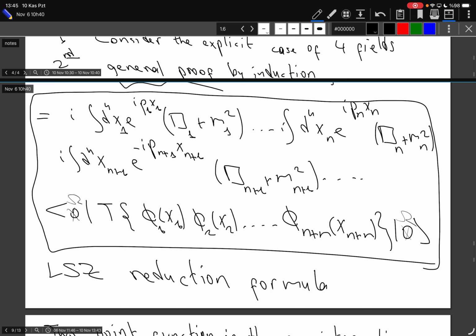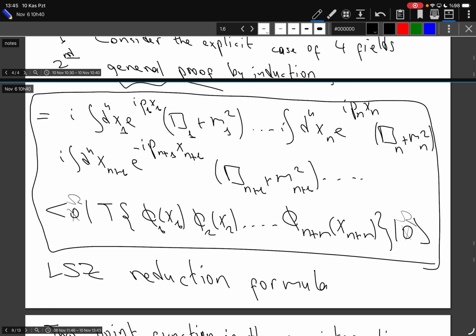Those who attended the problem-solving hours last week saw it's a long computation doing it the old-fashioned way, and keep in mind that you are just calculating the first correction. There will be all other corrections that you will need to calculate. So what we are now trying to do is somehow get a more intuitive, easier way to calculate basically the same thing.